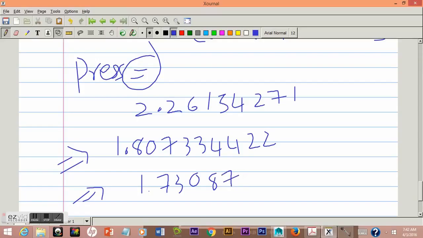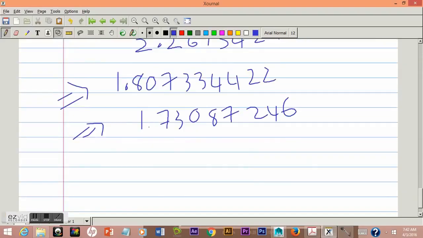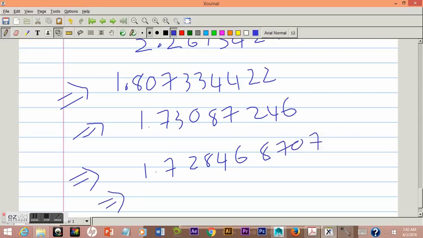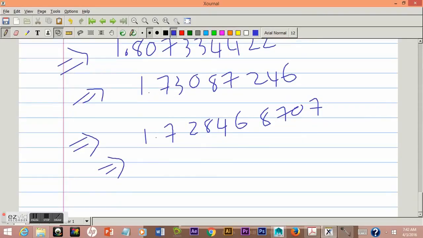Again, 1.728466319. Again if you press equal, you get 1.728466319.